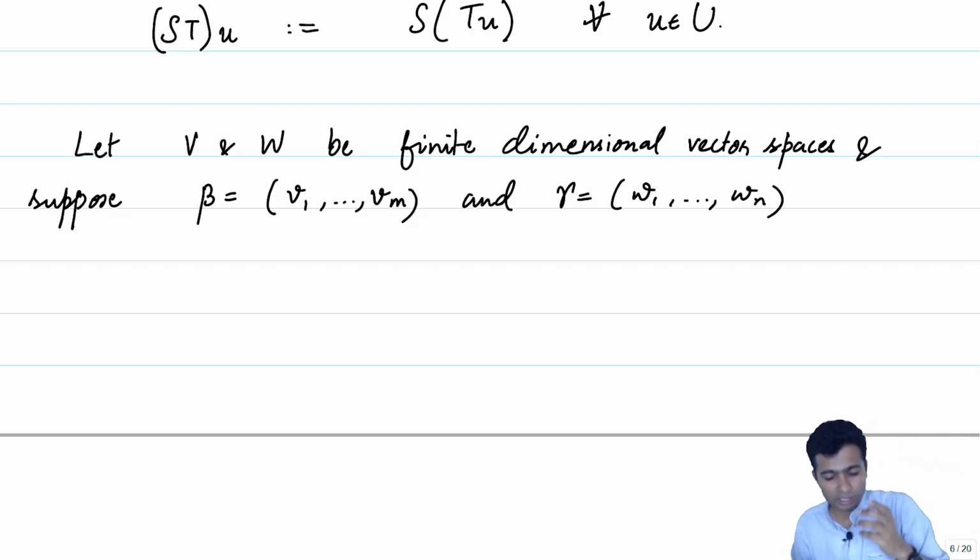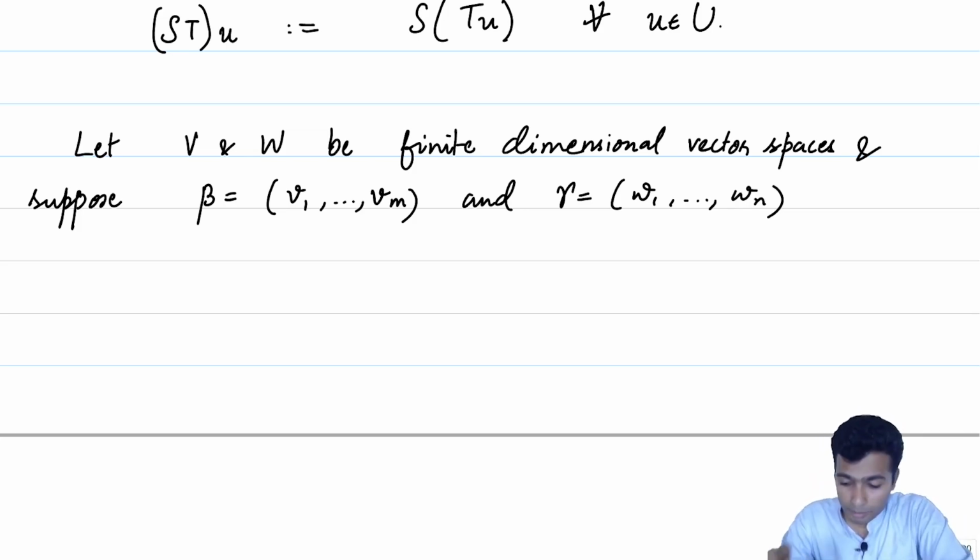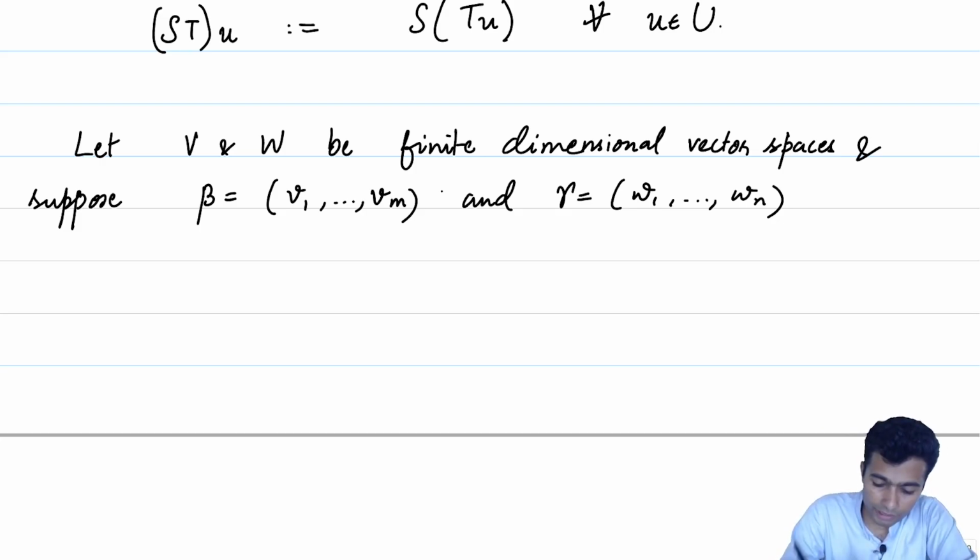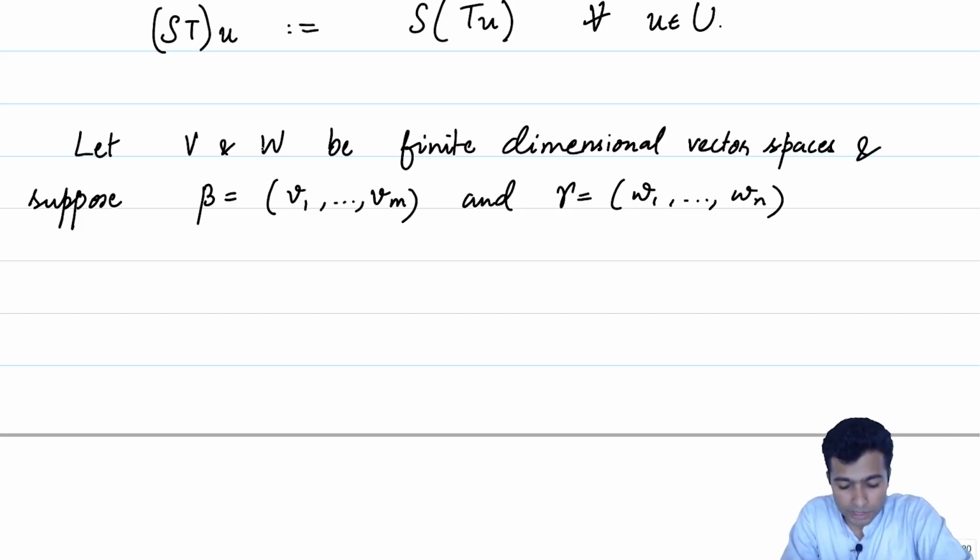We will keep track of the m and n very carefully. What we have effectively said is that V is of dimension m and W is of dimension n.